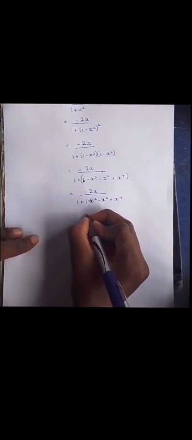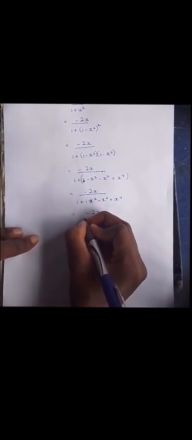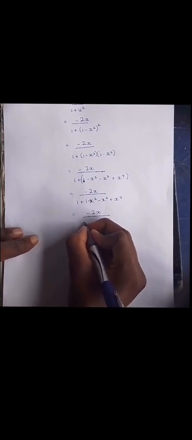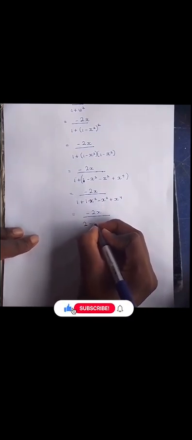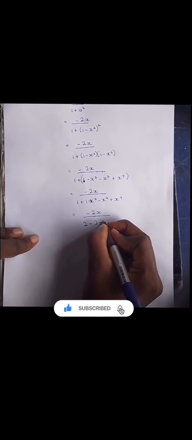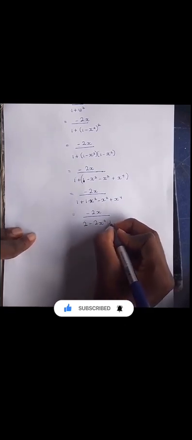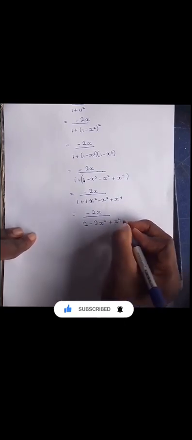This is going to give me minus 2x all over 1 plus 1 is 2, minus x squared minus x squared will be minus 2x squared plus x raised to the power 4. This is how to differentiate arctan(1 minus x squared). I've gotten an answer for this. Now let's go back to the main question.